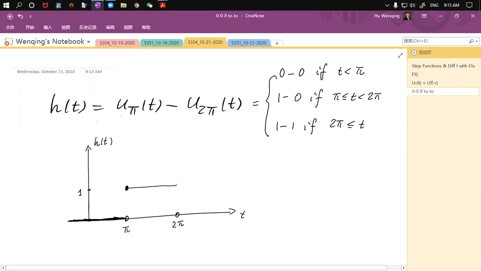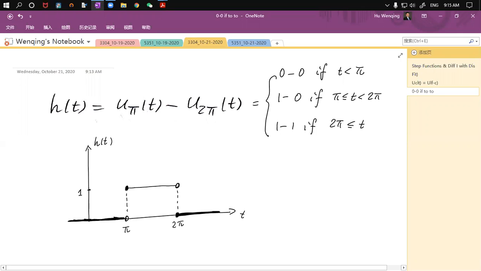At 2 pi, this is going to be an empty dot, because as long as t is equal to 2 pi, u 2 pi of t is equal to 1, and u pi of 2 pi is also equal to 1, so the difference becomes 0 again. So the function comes back to 0. So that's going to be your function h of t as a function of t.